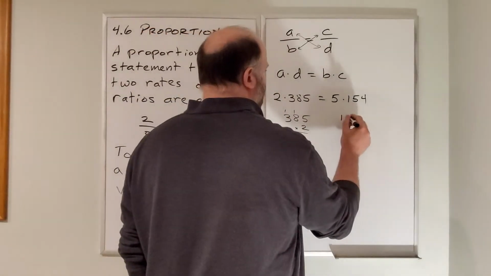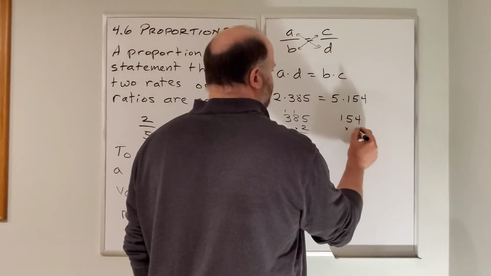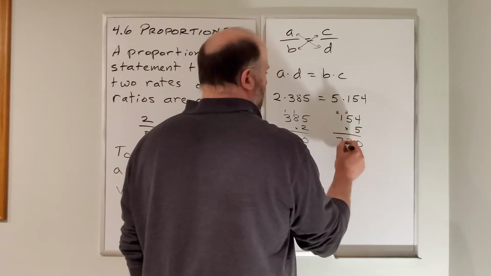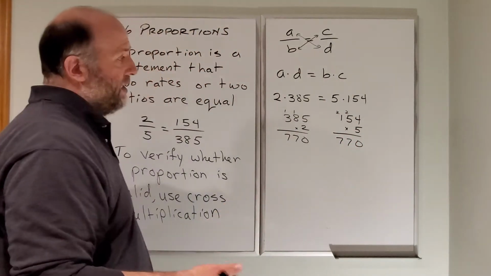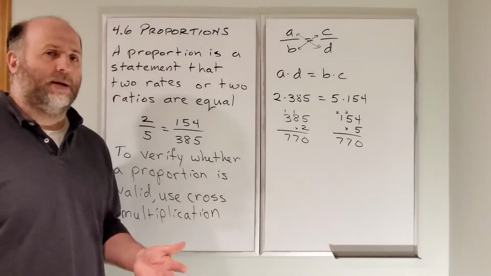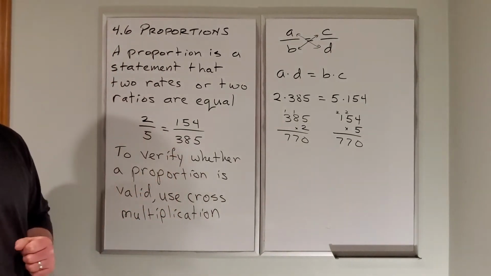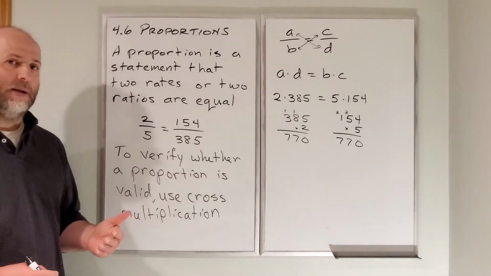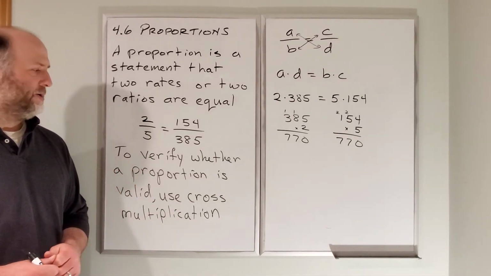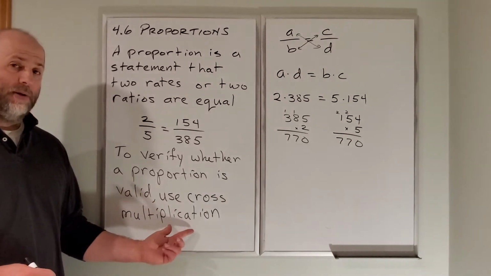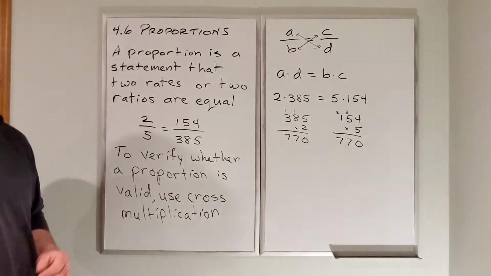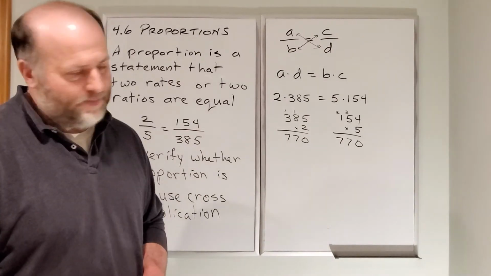And I think we get the same thing with 154 times 5 as well. So yeah, I get 770 on both sides. So yes, this is a valid proportion. You can verify whether a proportion is valid by using cross multiplication. We're also going to use this technique to solve proportions as well. We'll talk about that a little bit later.